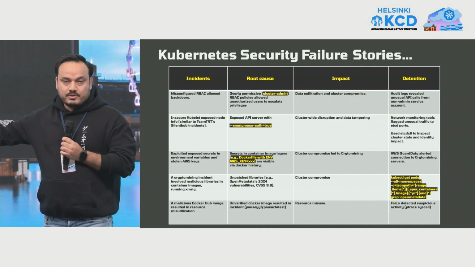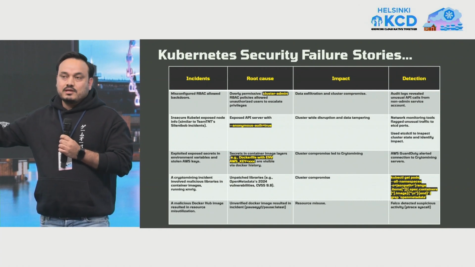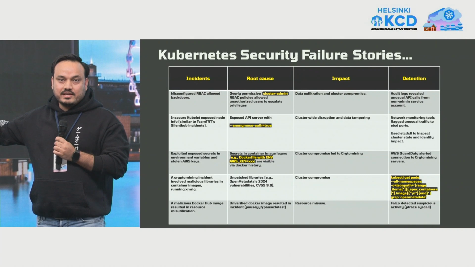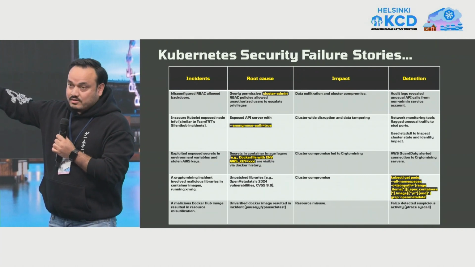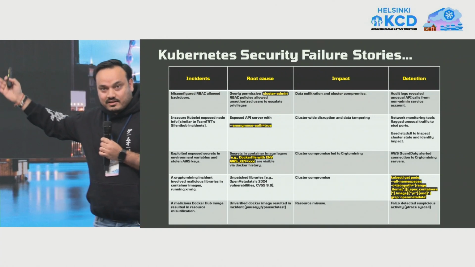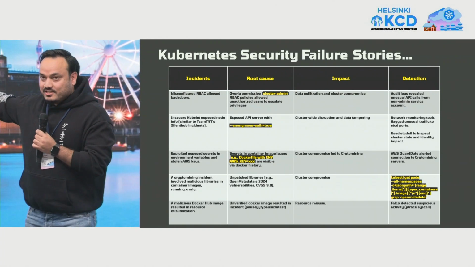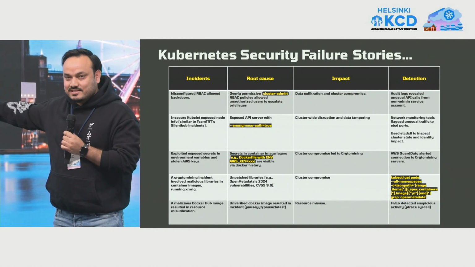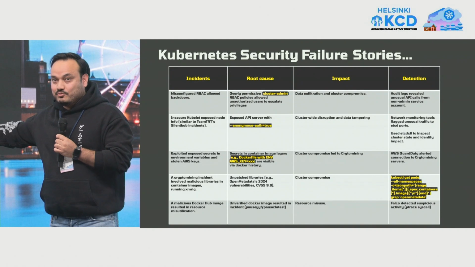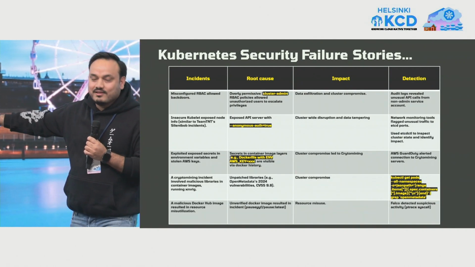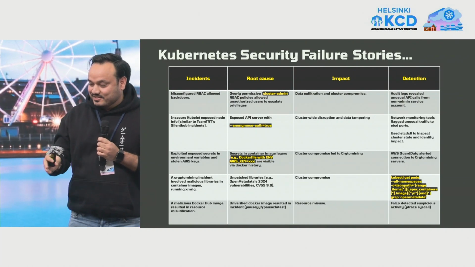Secrets, leaked secrets, people found them on the public GitHub repository or in some other ways, and then they exploited them to actually get into the environment, and then exploited some other things like RBAC configuration, and then gained access onto the whole Kubernetes clusters. The impact which you see right here is very minimized. Once you have access onto the Kubernetes clusters, you can do way more things than just running crypto mining. Crypto mining is something which you might all have seen at one point of time or another.